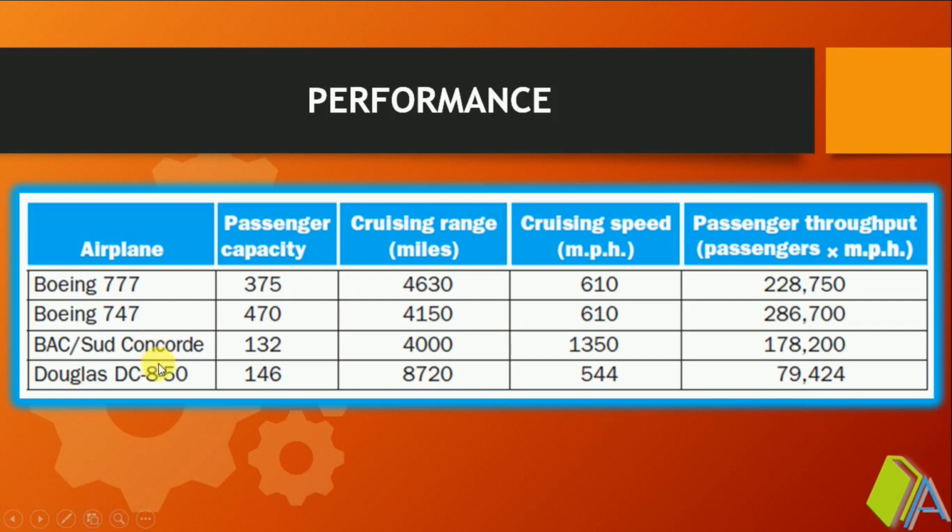If you see the Concorde, its capacity is very small. So, if you were interested in transporting 450 passengers from one point to another, however, the 747 would clearly be the fastest. As the last column of the figure shows, it has the highest passenger throughput.